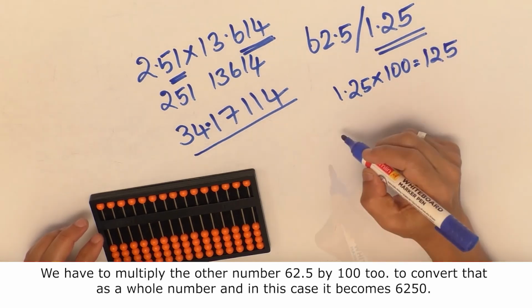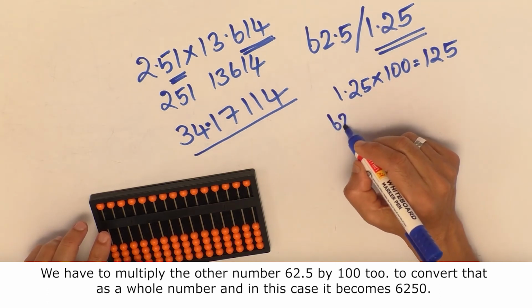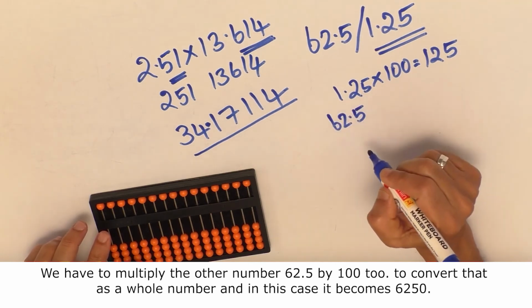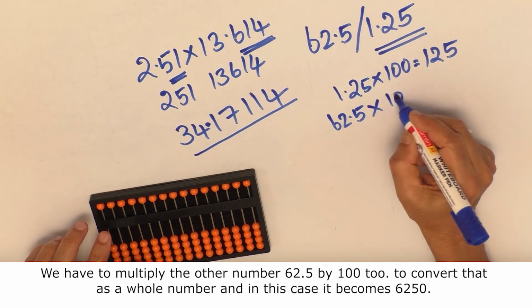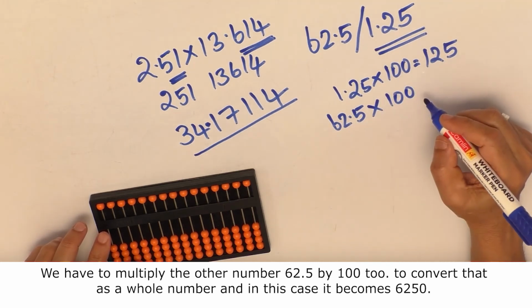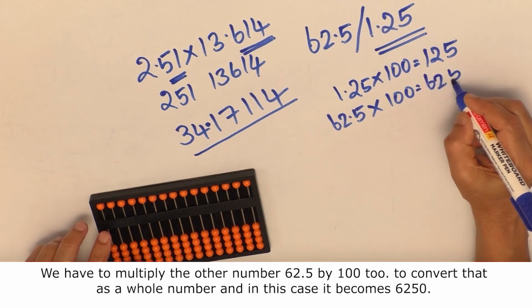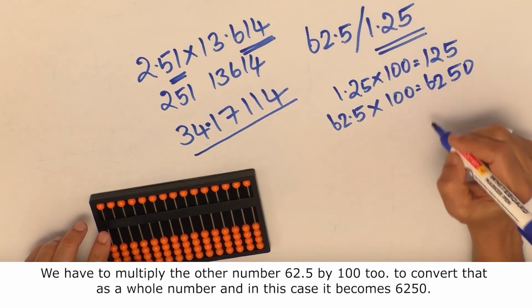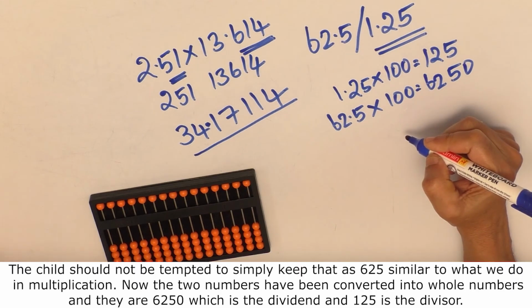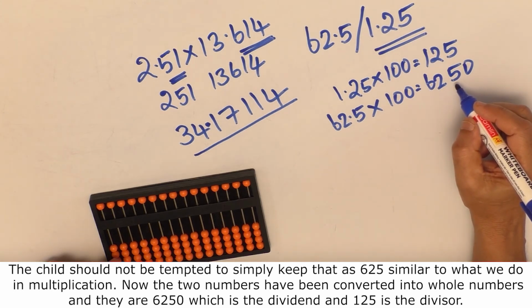We have to multiply the other number 62.5 by 100 to convert that into a whole number, and in this case it becomes 6250. The child should not be tempted to simply keep that as 625, similar to what we do in multiplication.